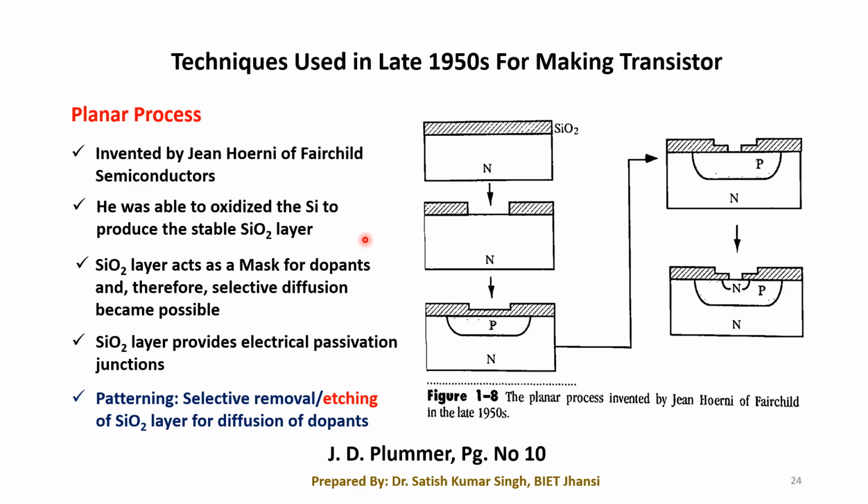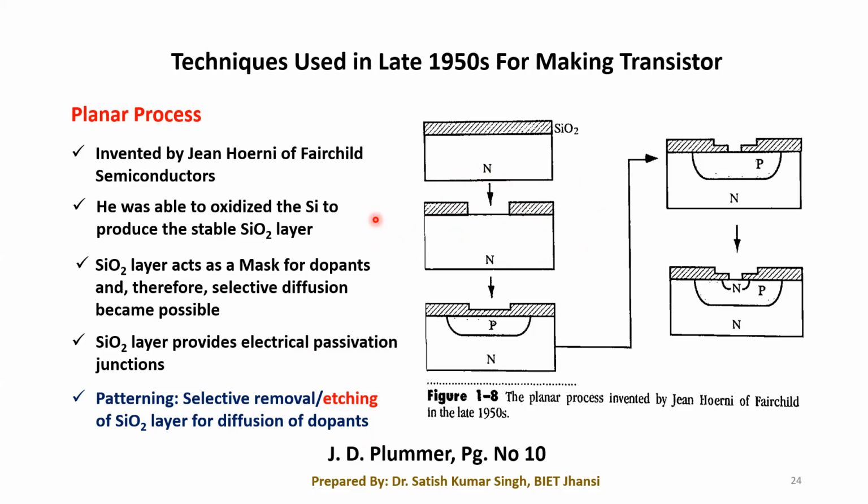We can selectively remove a portion of SiO2, open a window, and do the diffusion selectively at a particular region where we want to do it. Because it is just a two-dimensional picture, you are not able to see how advantageous this process is.